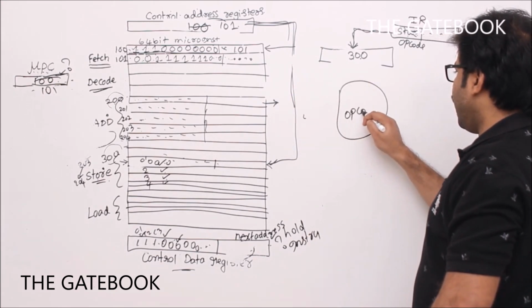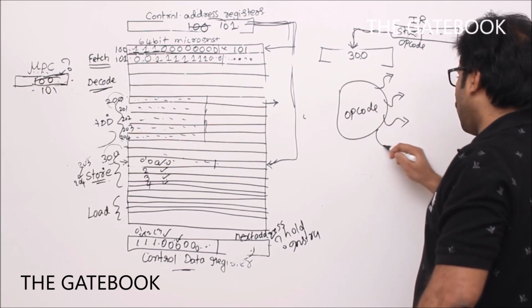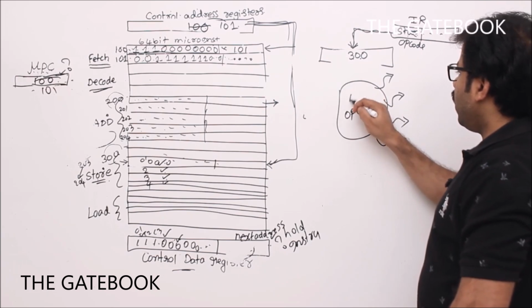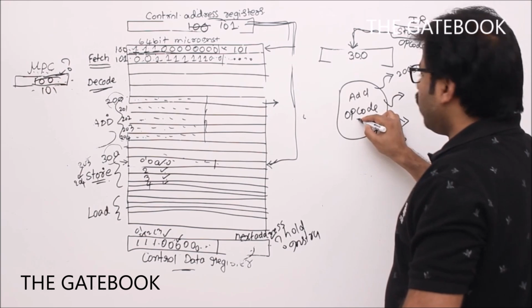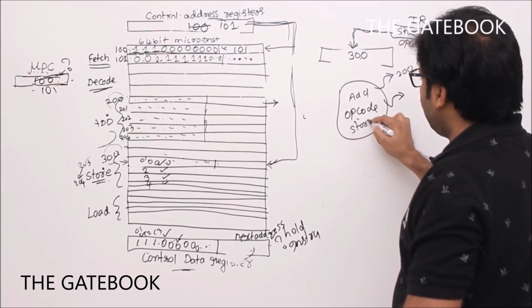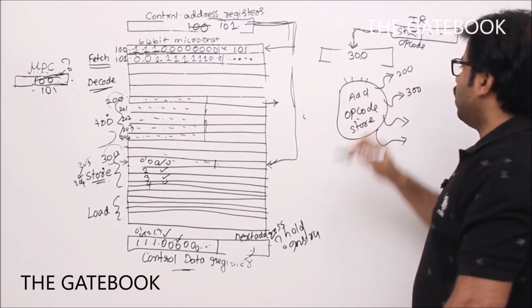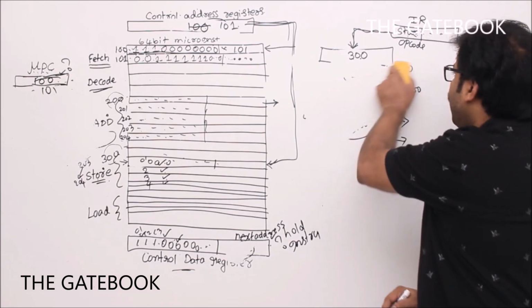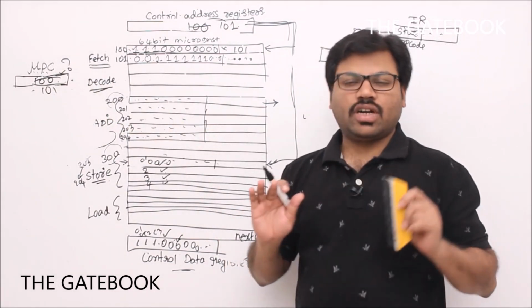That decoder should take the opcode as input and generate memory addresses properly. If the opcode is add, it should generate address 200. If the opcode is store, then it should generate 300. In that way we plan one circuit, so that your microprogram counter will be properly sequenced, correct? That is our goal.